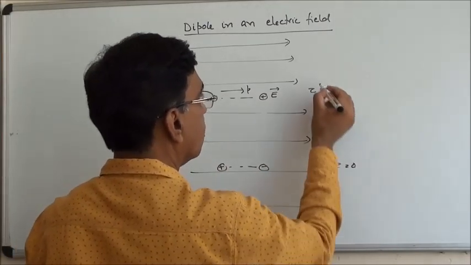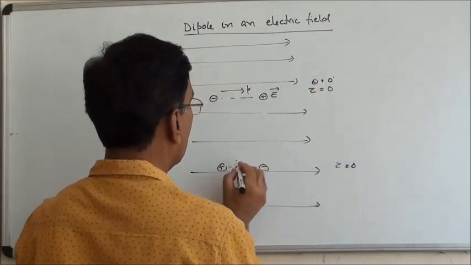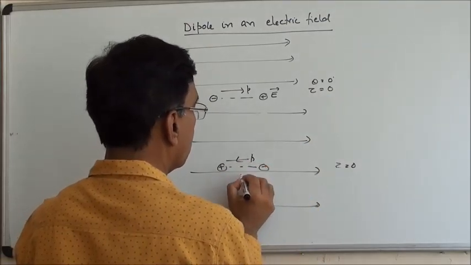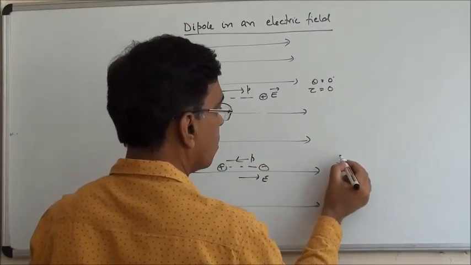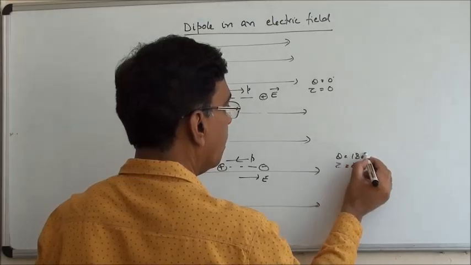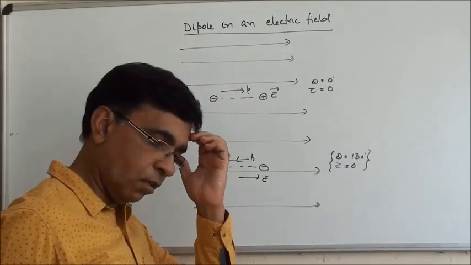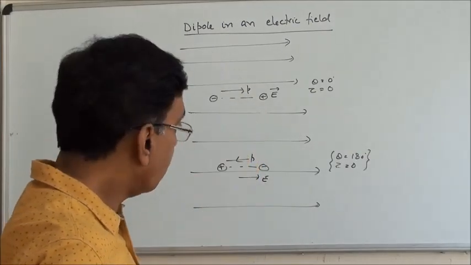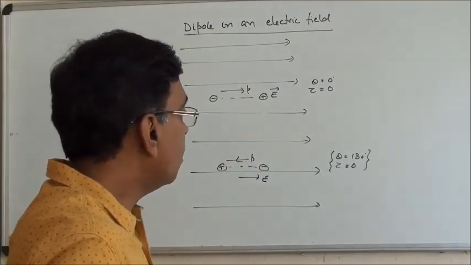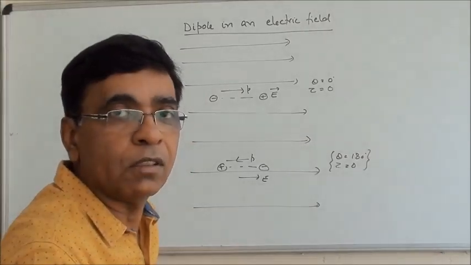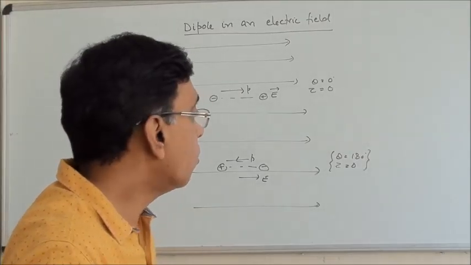Here also torque is 0, here theta is 0. P is this, E is this, theta is 180, but torque is still 0. But even then, we can think about it that there is some difference. These situations are not identical, even if the torque is 0.